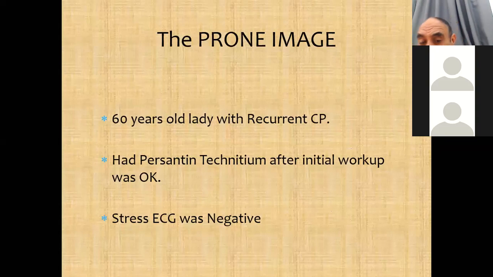revascularization. Let us talk about the Brown images when we are doing technetium. Sometimes we do technetium, and it is important to look for an artifact in the inferior wall.